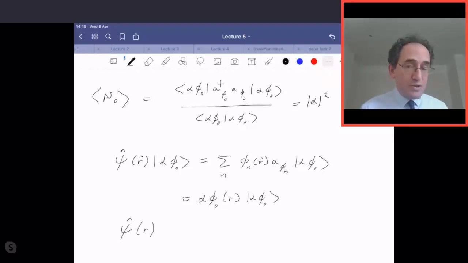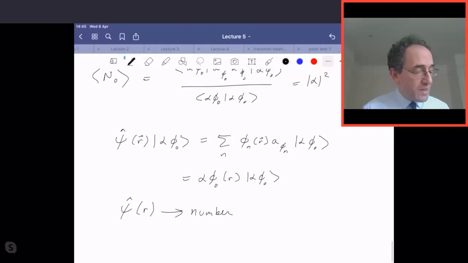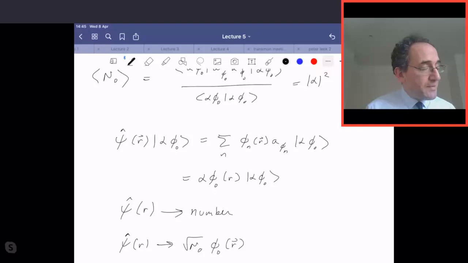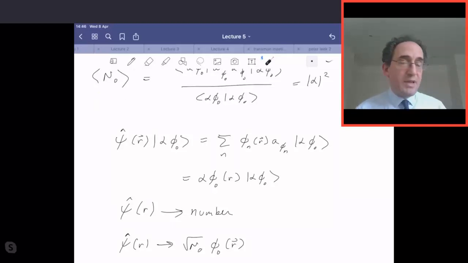and this tells me that the destruction operator psi hat of R gets turned into a number when it's applied to the coherent state. The number it gets turned into is the square root of n naught times phi naught of R, because alpha up here we decided is the square root of n naught, assuming alpha is taken to be real.